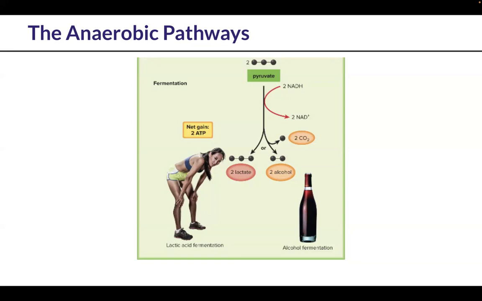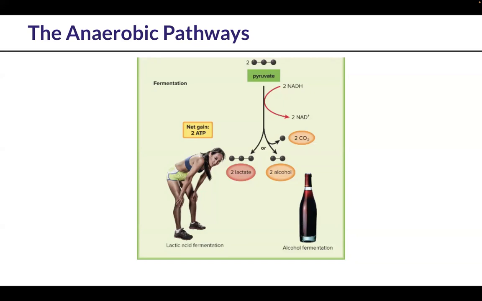Remember how we're breaking the glucose up, and it's going to release all this energy in the form of these electrons. And what we want to do is harness that energy that's in those electrons. So we want to eventually pass on that electron to an electron carrier. So here we have lactate being the electron carrier that we want to pass it to. And in this process, we actually will make some ATP.